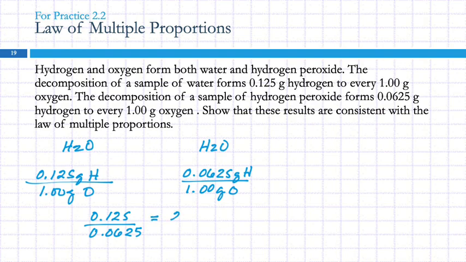And we get 2. And the reason for that, I did H2O2 wrong, sorry. The reason for that is this has 2 hydrogens to 1 oxygen. This has 2 hydrogens to 2 oxygens. And so when we look at the formulas, they have small whole numbers, and therefore the ratios of the masses have to be small whole numbers.